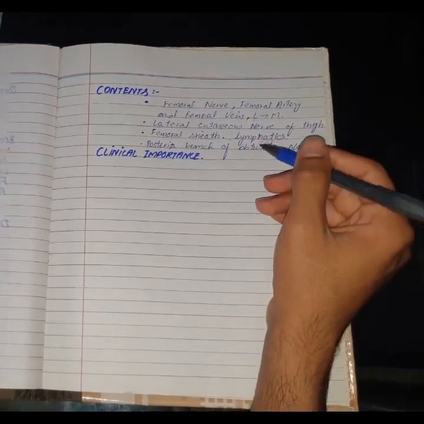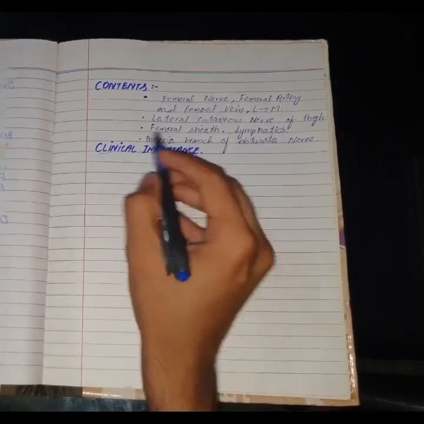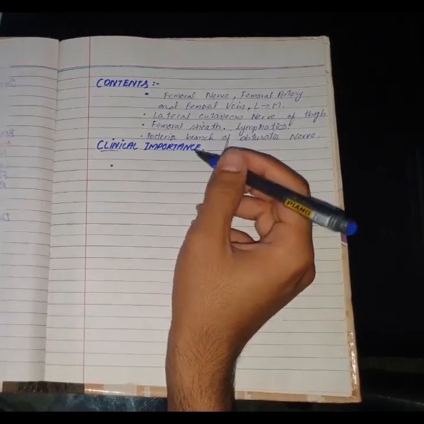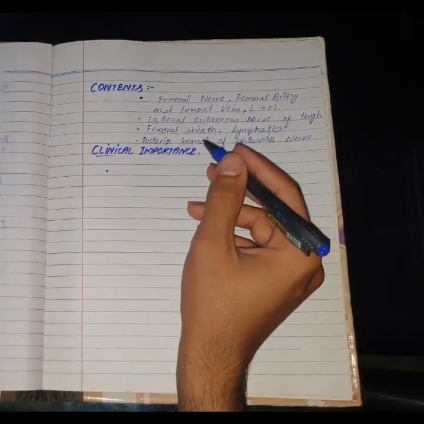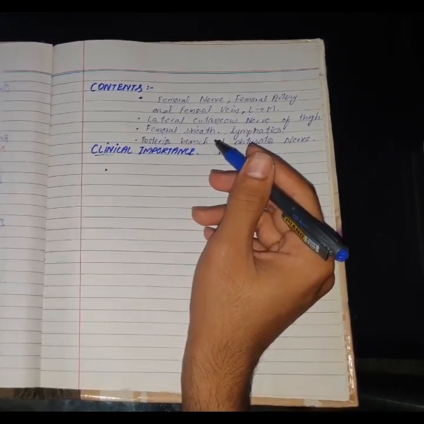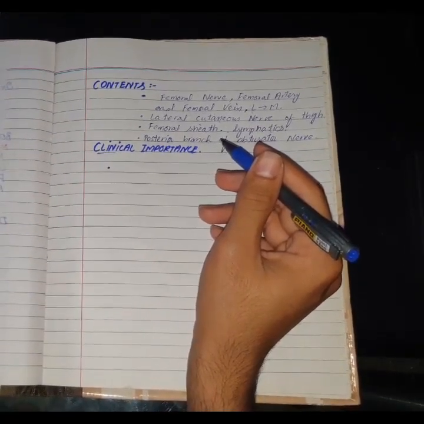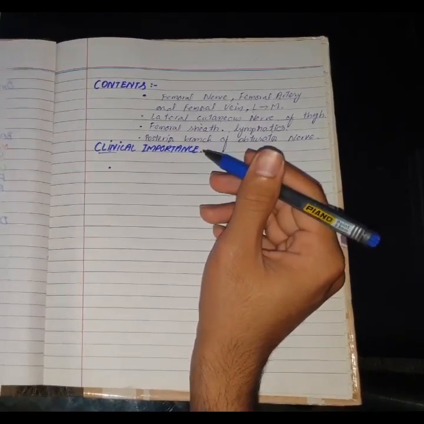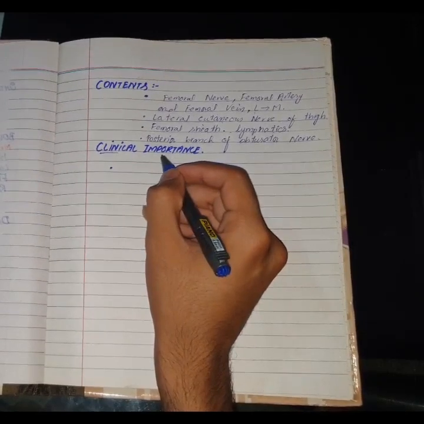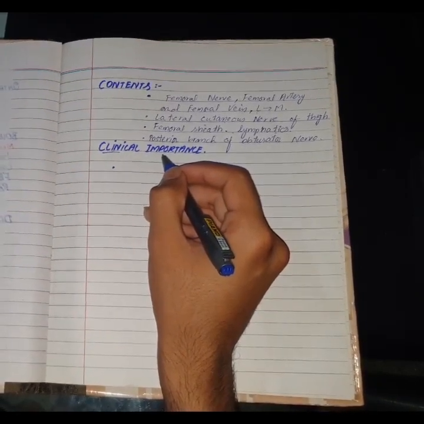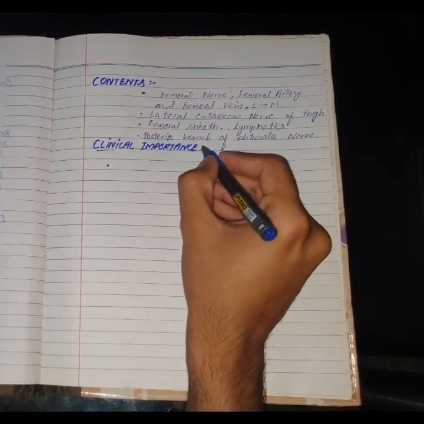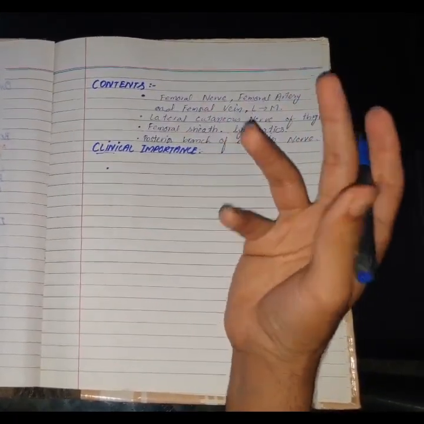So at the last, we are going to talk about the clinical importance. Clinically, it is most important because it houses the femoral nerve, femoral artery, and femoral vein, the important vascular bundles of the lower limb. So the femoral nerve, femoral artery, and femoral vein lie most superficially in the femoral triangle, and they can be exposed there for surgical purposes.